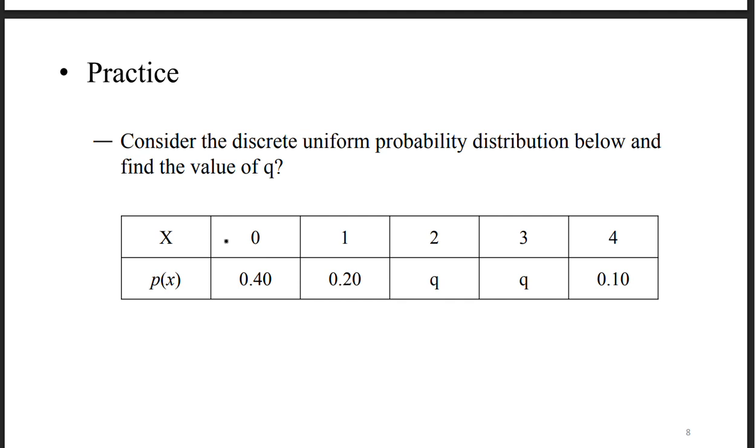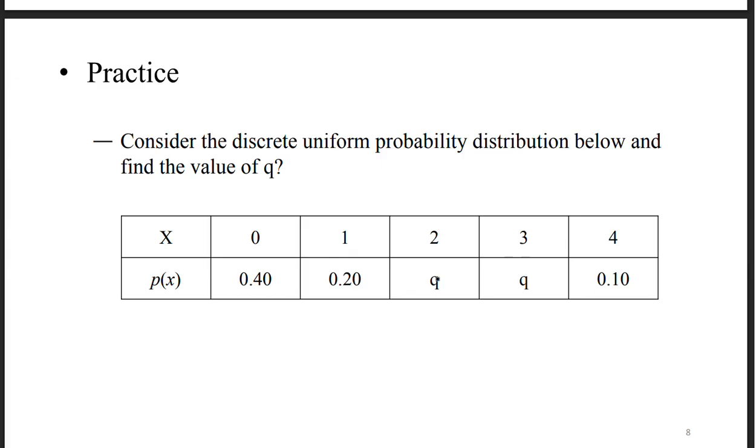Here we are looking at a person who is organizing a party. She has invited people to attend the party. She's assigning a probability of 0.4 that nobody will show up, a probability of 0.2 that one person will show up, two probability values of Q that 2 or 3 people will show up, and a probability of 0.1 that 4 people will show up.